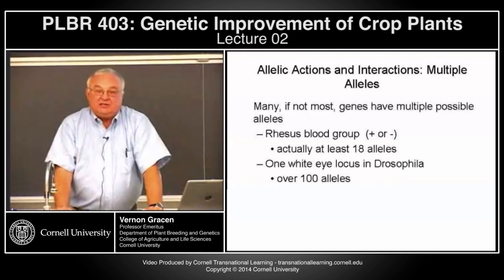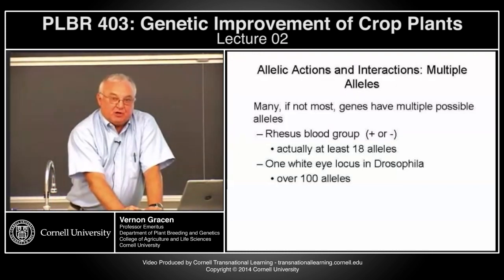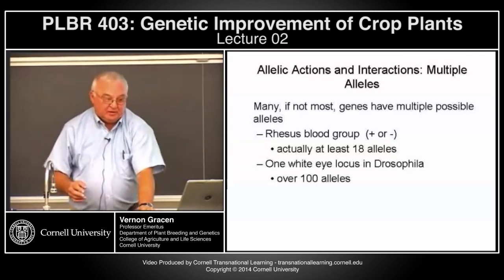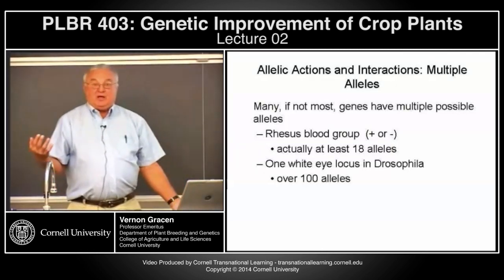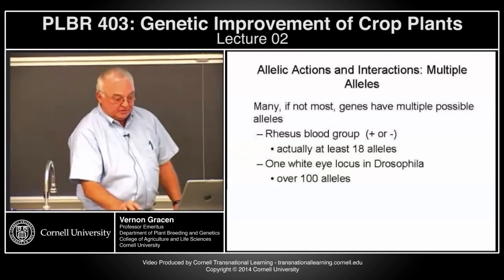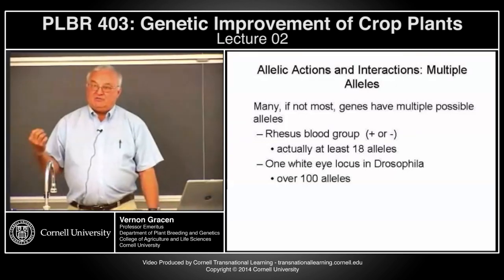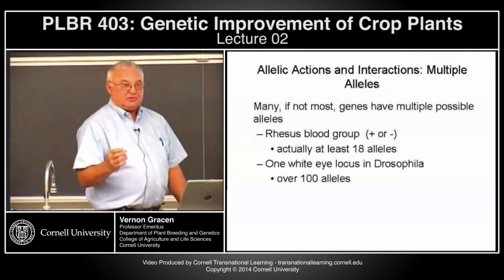We tend to think that multiple alleles are pretty rare and very special cases. Actually, they're not. Many, if not most, genes have multiple possible alleles. For the Rh factor in our blood, the rhesus blood group factor, when you're plus or minus, there are at least 18 different alleles involved in expressions of Rh factors.